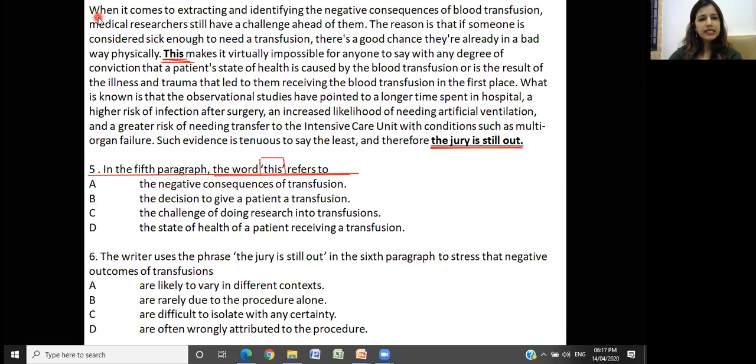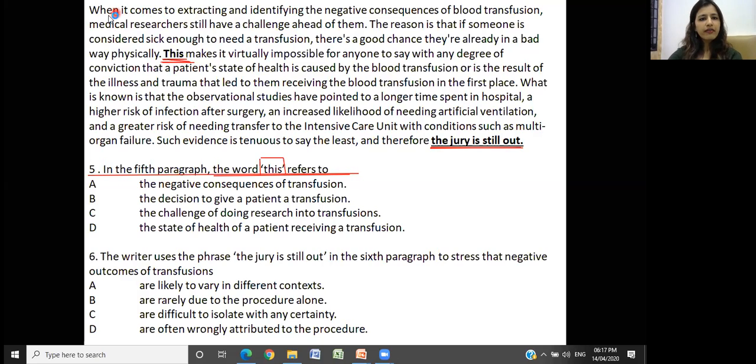So what is the topic sentence of this paragraph? When it comes to extracting and identifying the negative consequences of blood transfusion. So now the topic sentence is about identifying. So far we were saying that we do not have enough clinical research, so we don't know, we don't know, we don't know. So now if we don't know, then what is another way? Do we have any way? So we looked at another way, that was the test case.